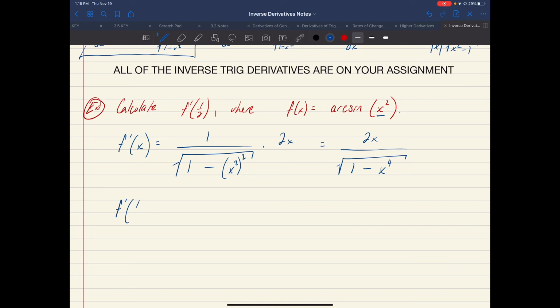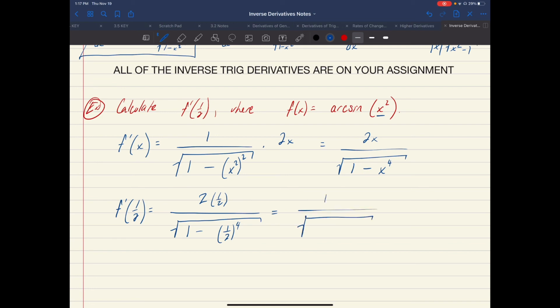Now we just plug in this 1/2. And so we'd get 2 times 1/2 divided by the square root of 1 minus 1/2 to the fourth. Right there you're done as far as the AP test goes, because you don't have to simplify.